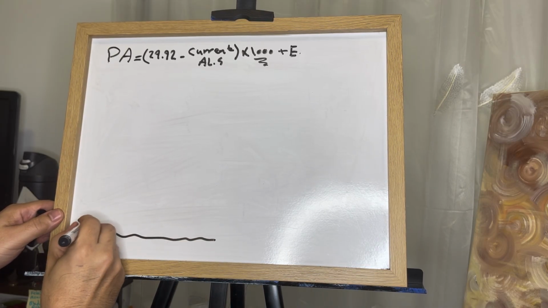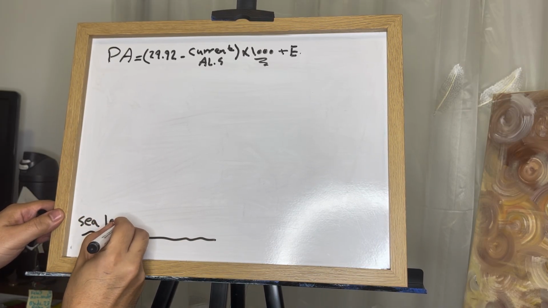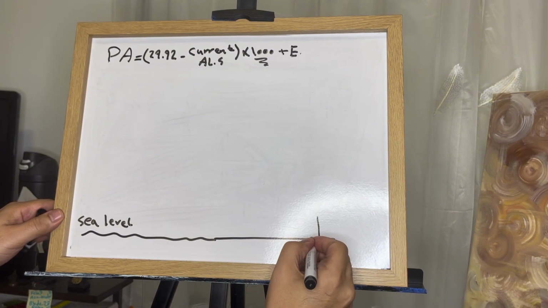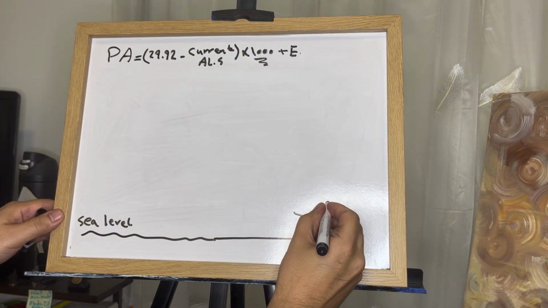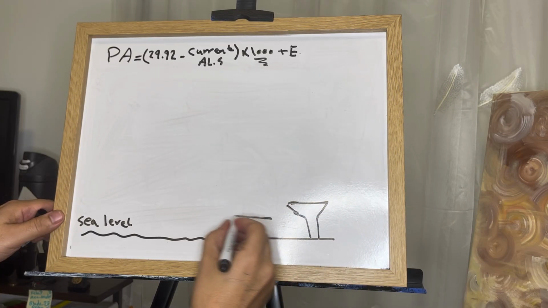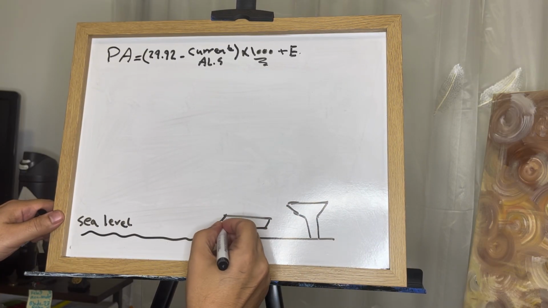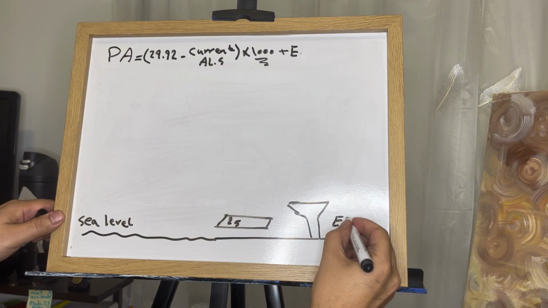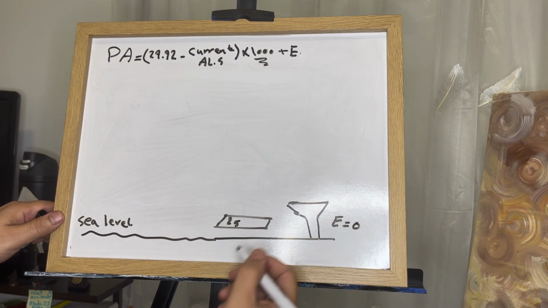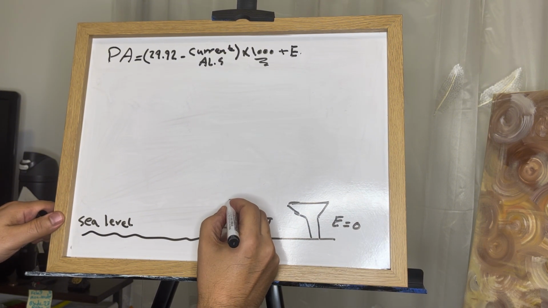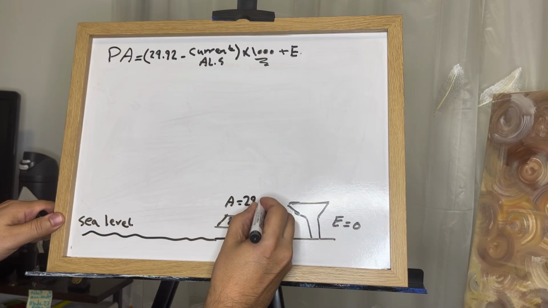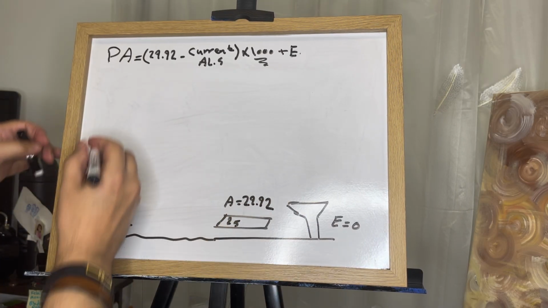Here is sea level and the station right here, an airport, for example runway 25. The elevation at this station equals 0 and the local pressure altimeter setting equals 29.92. What's the pressure altitude?